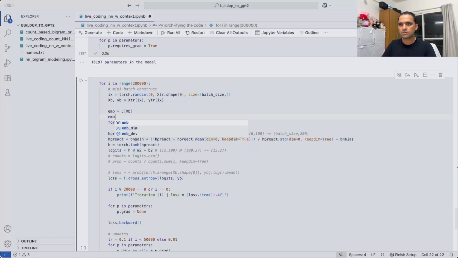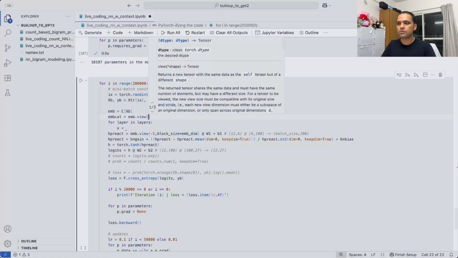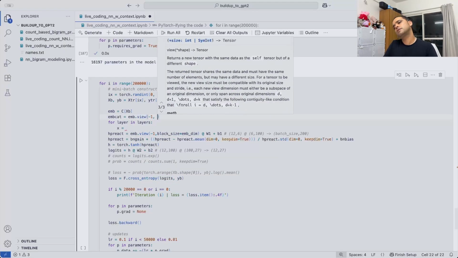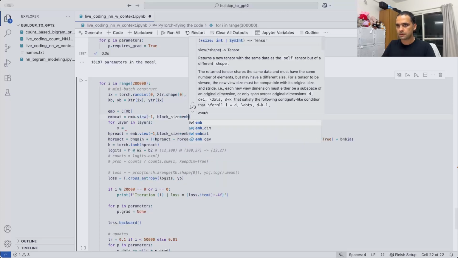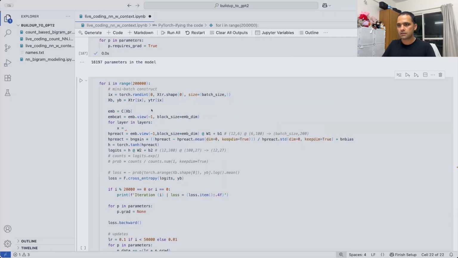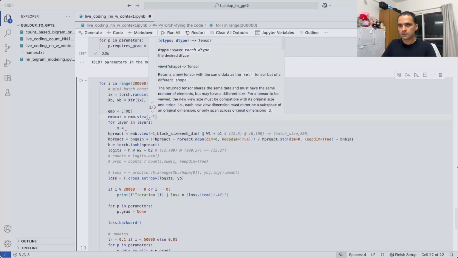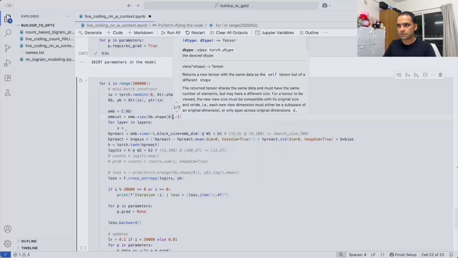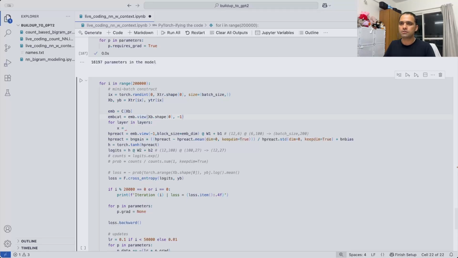We also need to concatenate: emb.view(emb.shape[0], -1). This would be block size times embedding dimensions, right? Or it could be the other way around, but it's okay. This should also be okay.